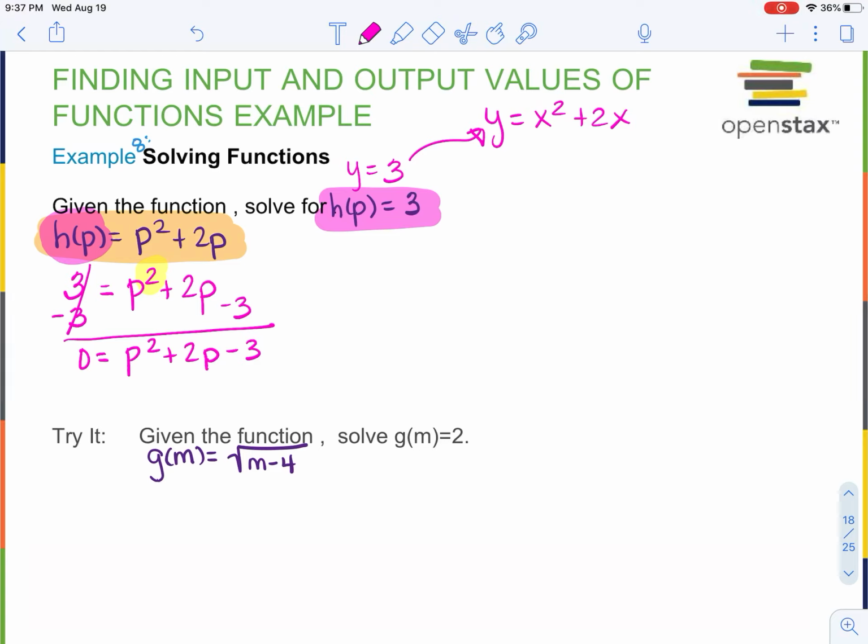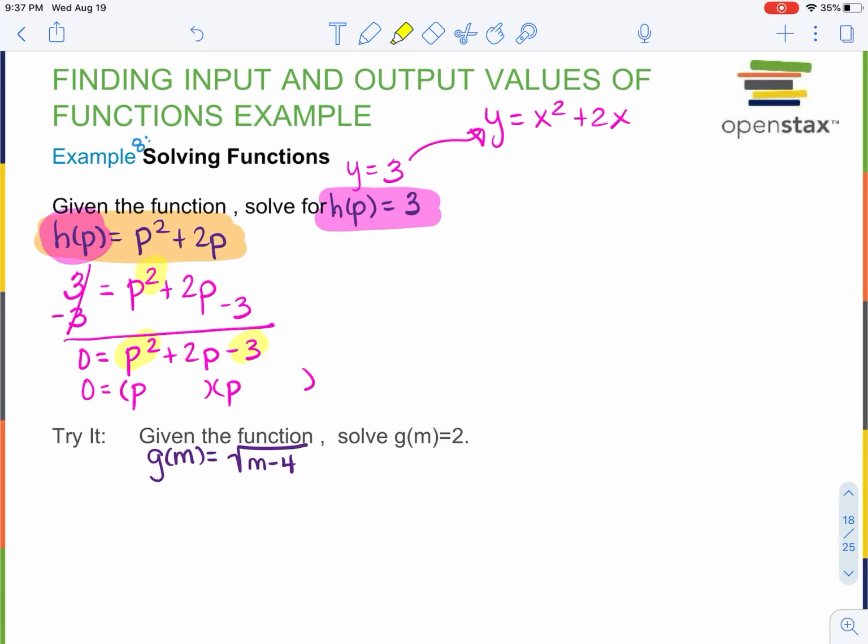So in this case, what I want to do is write this as two factors, two binomial factors. Binomial means two terms in each. And I'm kind of doing backwards FOIL. So to get this first term right here, what do I multiply together to get p squared? That'd be p times p.